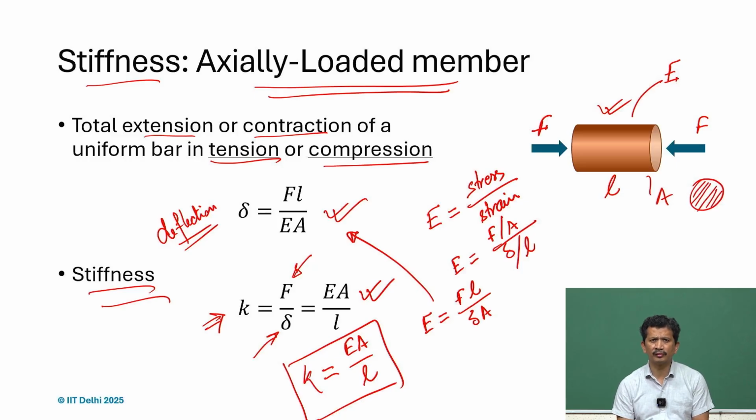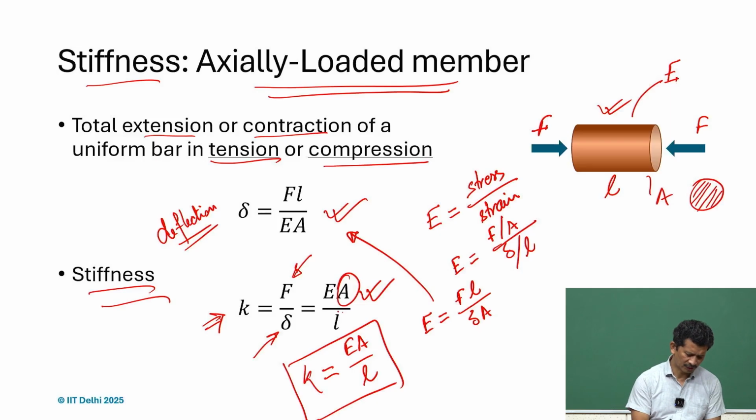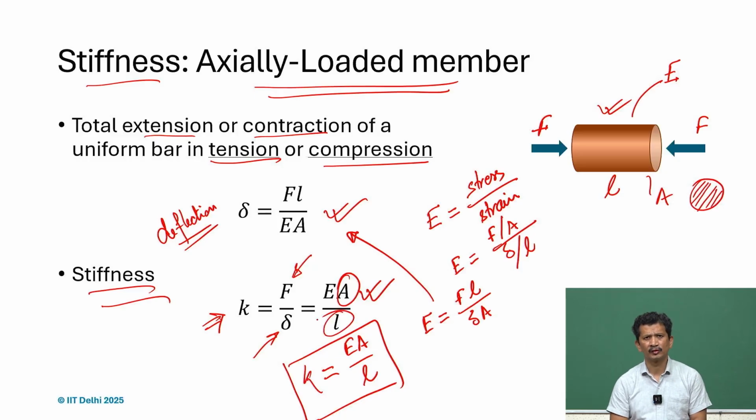When we talk about geometry, the larger the area of cross section, the larger the stiffness, but when it comes to L, shorter is better in terms of stiffness; the longer it is, the more the stiffness is reduced. So, it is easy to remember: the stiffness K of a bar under tension or compression is given by EA upon L.